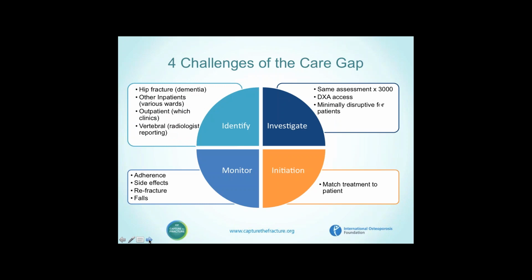They also may present in other wards, such as the general medical ward for pelvic and spine fractures. The most challenging group for identification are vertebral fractures. Despite the increasing number of patients undergoing cross-sectional imaging with CT or MRI, very few of them have active case finding for serendipitous vertebral fractures, even though we know these are still predictive of recurrent fracture.